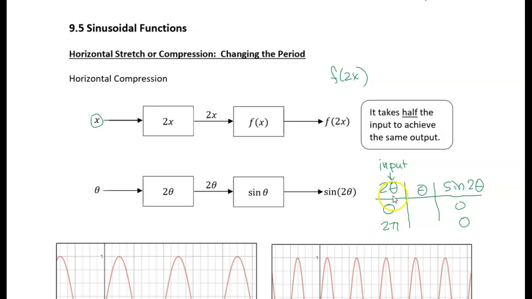But I want to know, what are the values of theta that correspond to that? So again, when 2 theta is 0, theta has to be 0, right? So this is 0. But think about what theta has to be in order for 2 theta to be 2 pi, right? Then theta only has to be pi. So rather than cycling, so sine of 2 theta, rather than cycling between 0 and 2 pi, it's going to cycle every pi. So the period becomes pi units long.